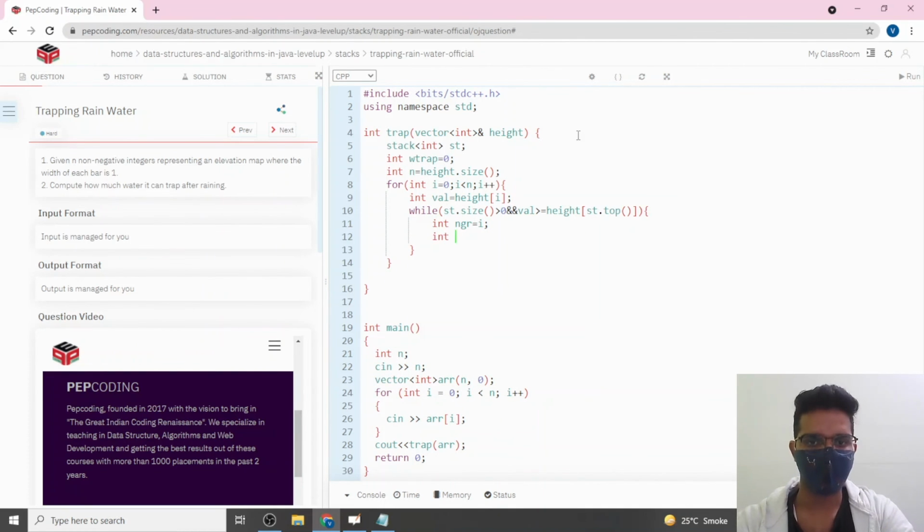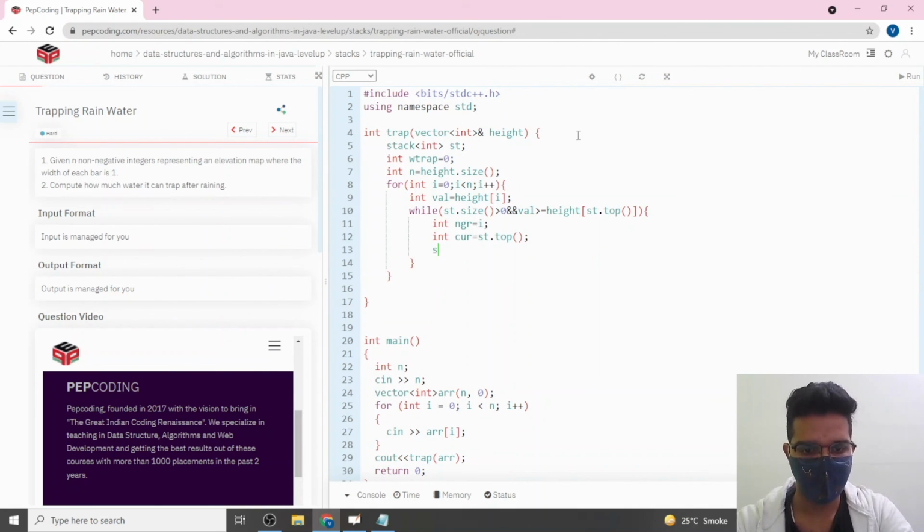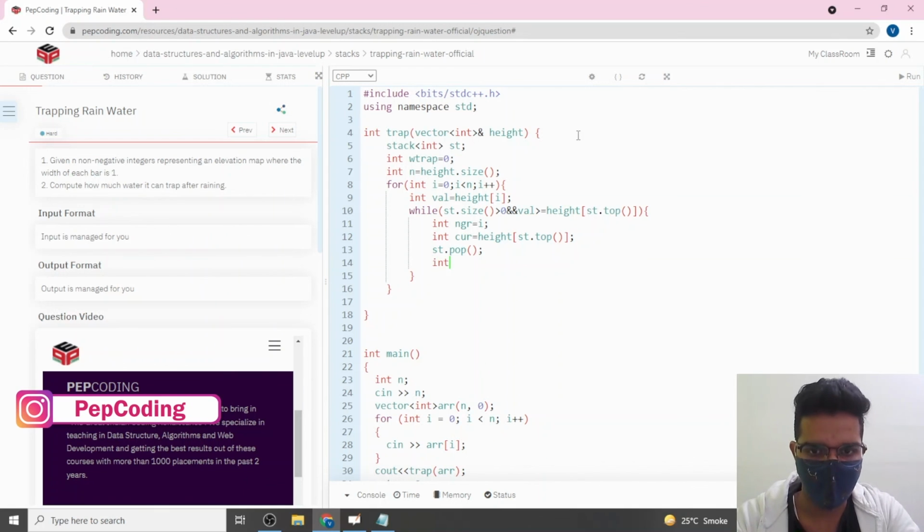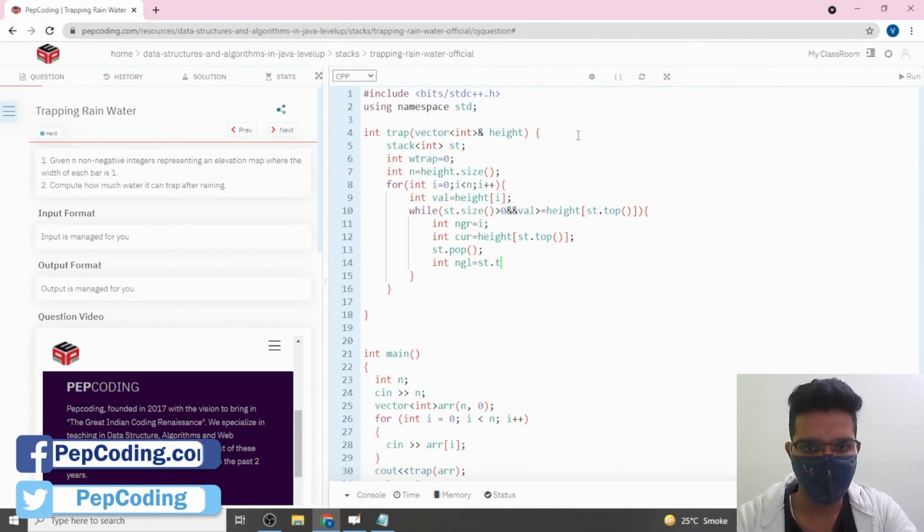Perfect. What will be your current? Your current will be stack dot top, and then you have to pop it, right? st dot pop. Also in current you extract a value, right? So height st dot top. Now st top so that you get your next greater left. So int next greater left is equal to st dot top.